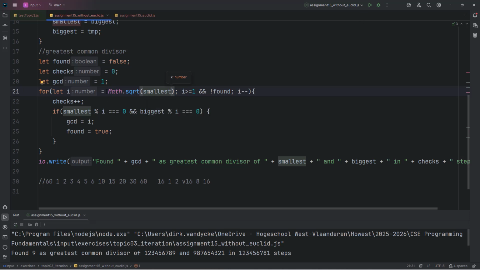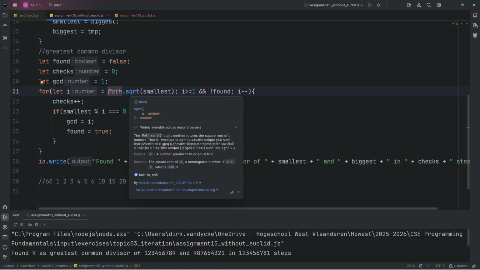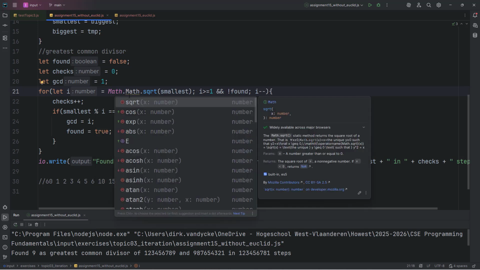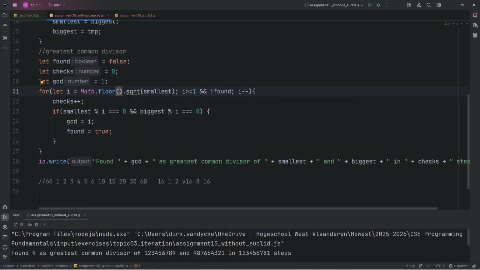But I don't think so, because it's just the upper border. Oh yes, I will run into problems because I'm decrementing i, and it will never be allowed to be checked as a remainder division. So what I need to do here is floor it, right? There we go.